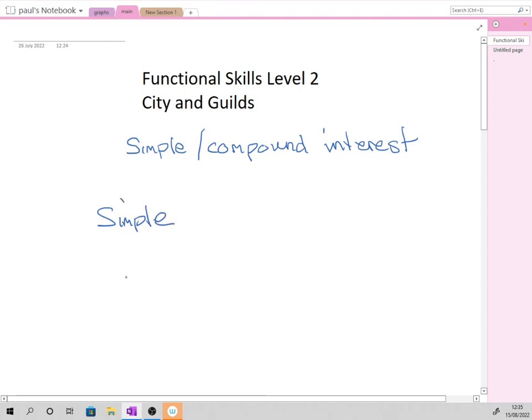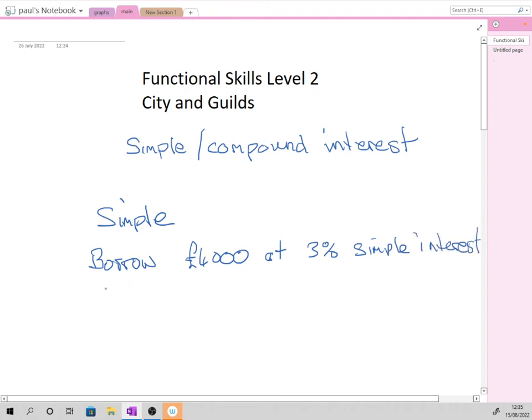Now you borrow, say, £4,000 at 3% simple interest over 3 years.